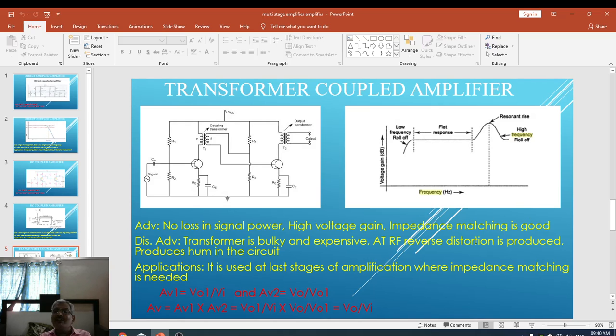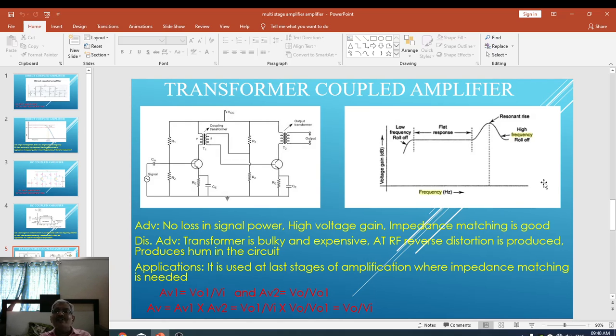Draw perpendiculars and you will get the upper cutoff frequency and lower cutoff frequency. Take the difference between those two frequencies and the result is the bandwidth. That also agrees with the frequency response of any type of amplifier.